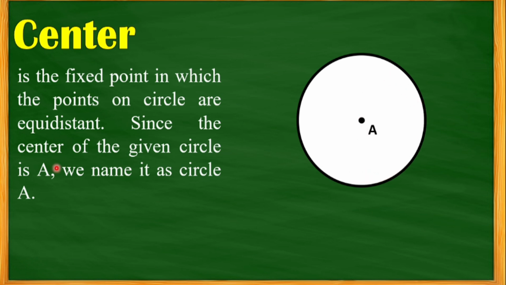Since the center of the given circle is A, we can name it circle A. If I change the point name to B, we can rename this as circle B, circle C, circle Z. So it depends upon the name of the center.